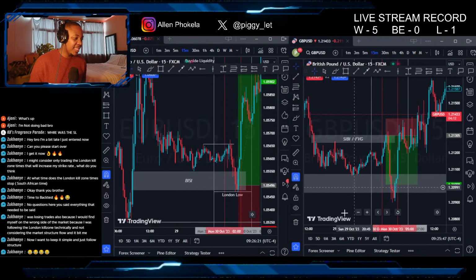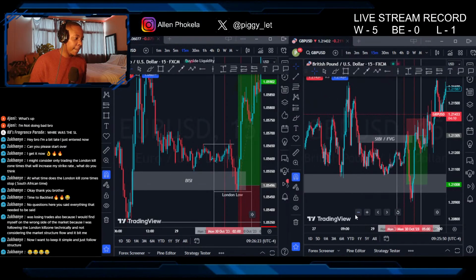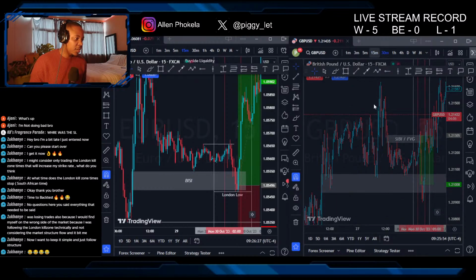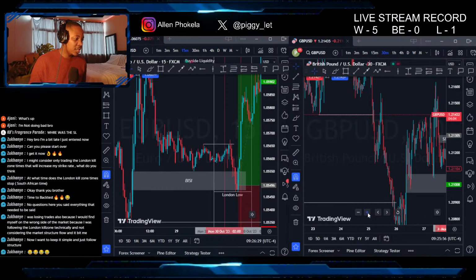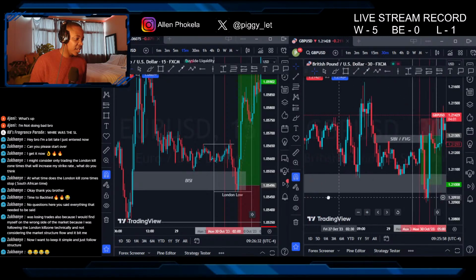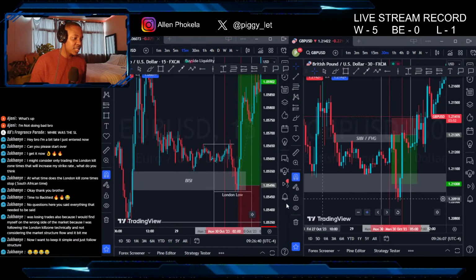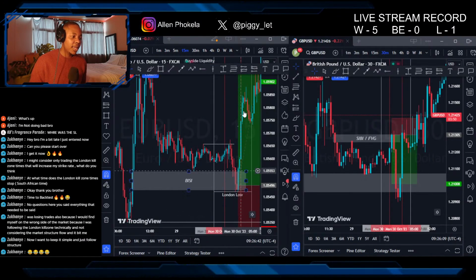But looking at this GBPUSD, that 30-minute BC wasn't clear enough, and then we closed below. It actually closed below that BC, so you wouldn't want to trust that. You want to take the one that actually confirms nicely, which is the EURUSD, and then buy it off from there.